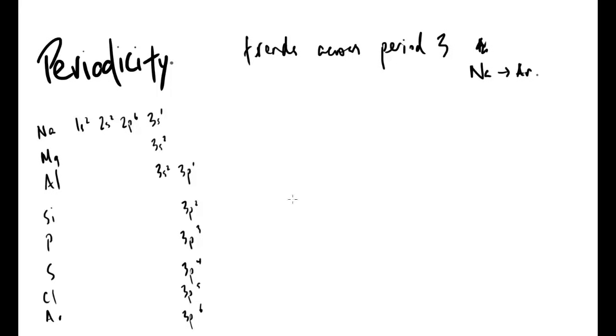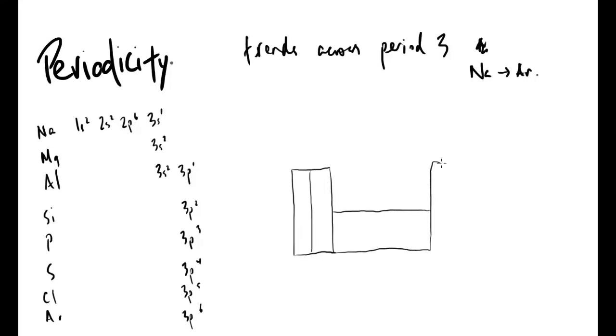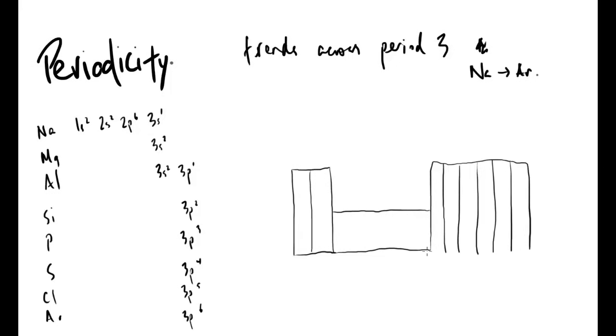And if you've ever looked at a periodic table, the way it's split up into this kind of area, and if we draw on the transition metals, we don't need them for this, but I'll draw them on anyway. Just imagine we've got this here, so 3, 4, 5, 6, and the 8th.